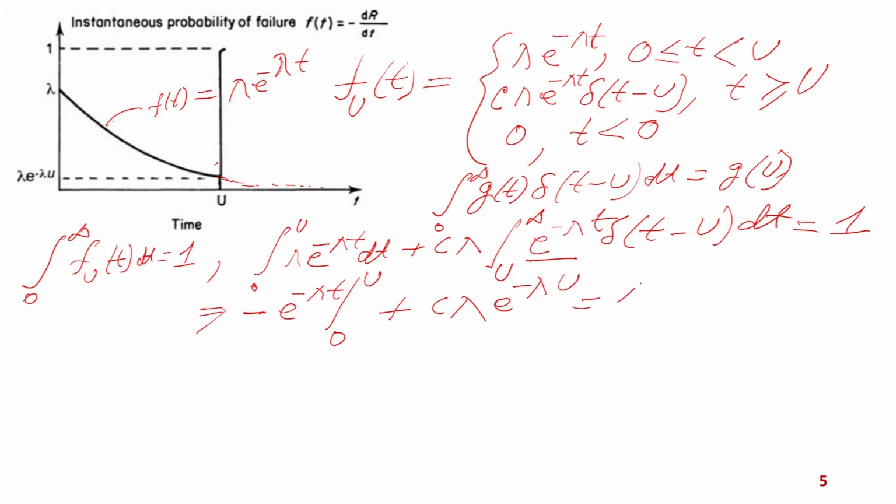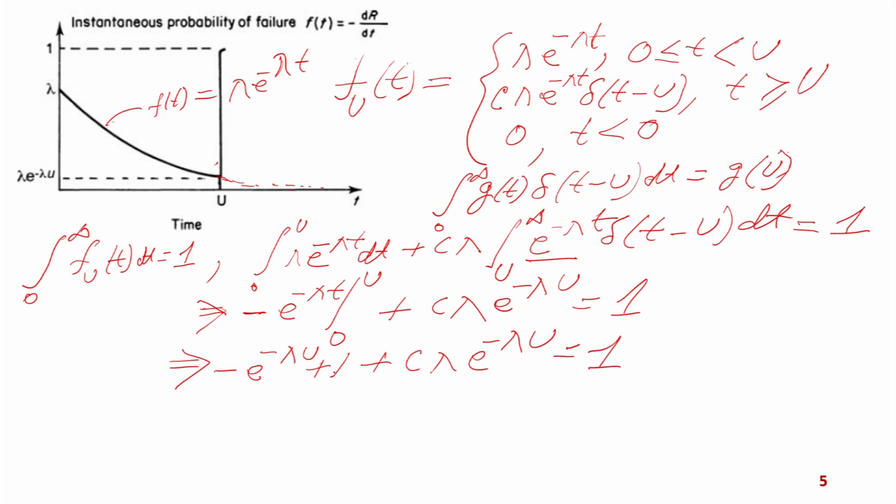So, this is minus e to the power minus lambda u plus 1, plus c(lambda) e to the power minus lambda u, equal to 1.